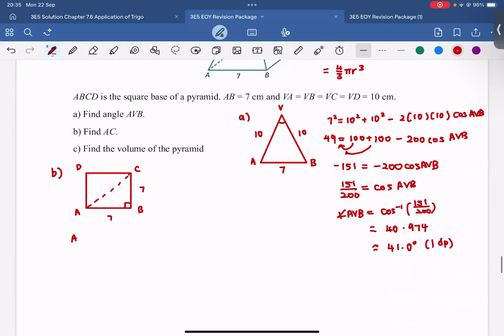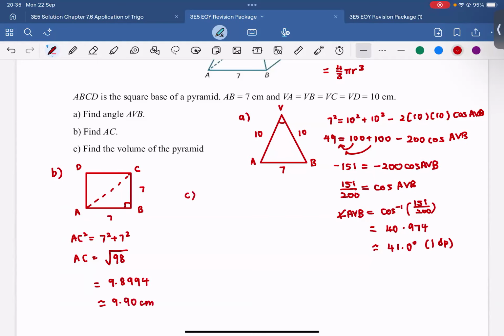So AC square is equals to 7 square plus 7 square. So AC equals to square root 49 plus 49, 98, equals to 9.8994. Remember, round it off to 3 significant figure, 9.90 cm.